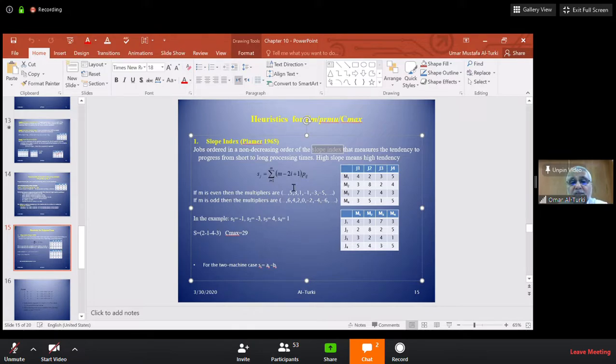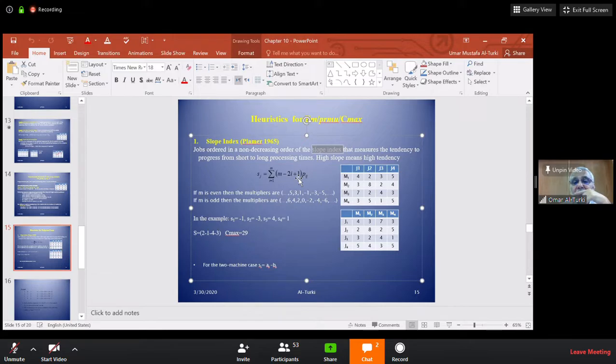And if you look at this carefully, the multiplier here, as in our example, if you have 4 machines, M will be 4. And the slope multiplier for the first job will be what? What will be this number? M minus 3... minus 2 plus 1.